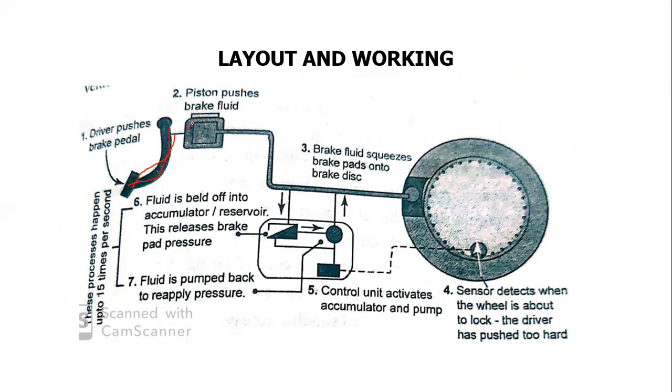This is the fluid reservoir and a tube which will connect the reservoir and the wheel. This is the wheel rim, and this portion is known as the brake pad. This wheel disc and brake pad will stick together when a pressure is applied here.